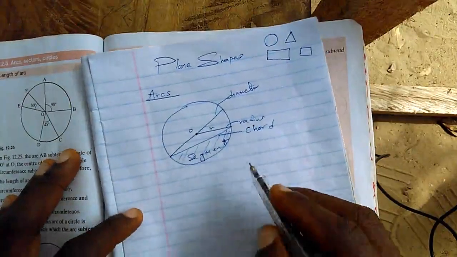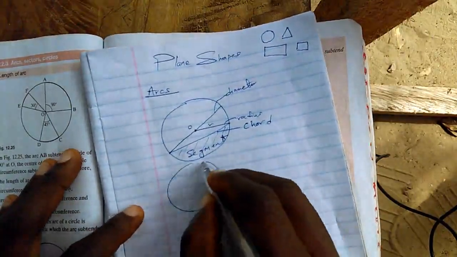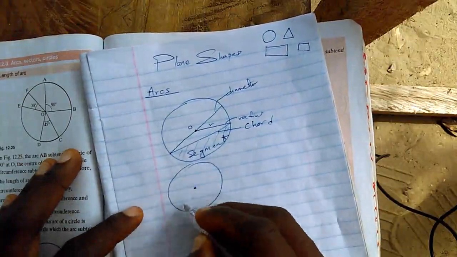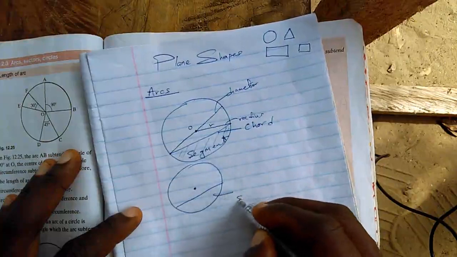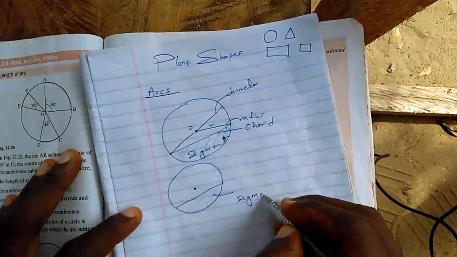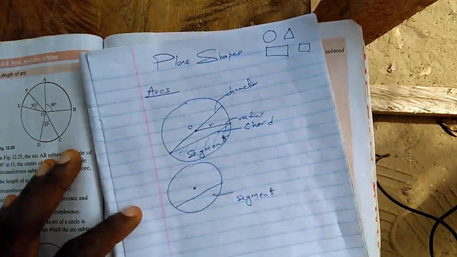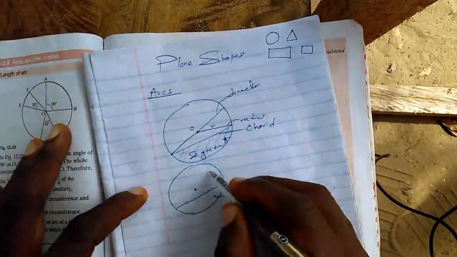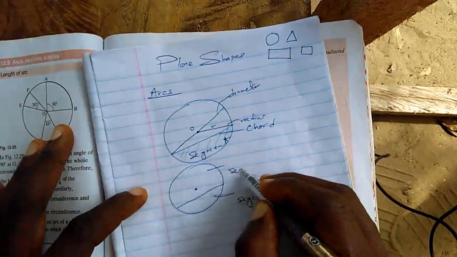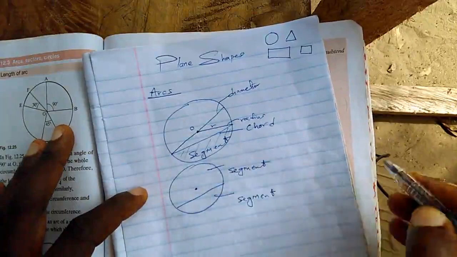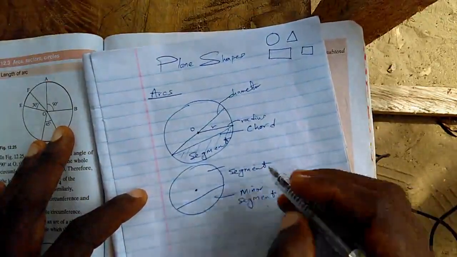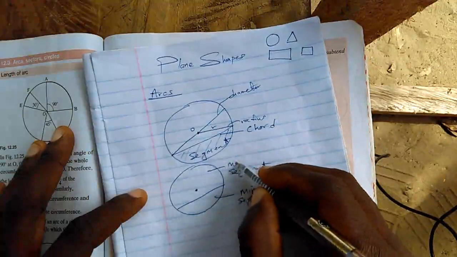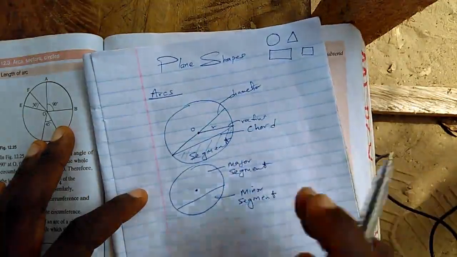Let me draw another circle. This is the center. This is a segment. This other part is also a segment. But this smaller one, we call it minor segment, and the bigger one is called major segment.